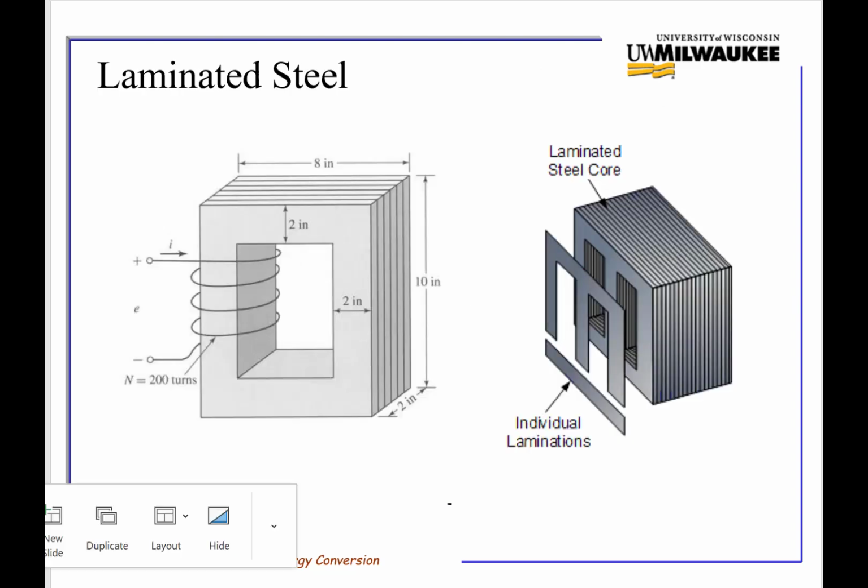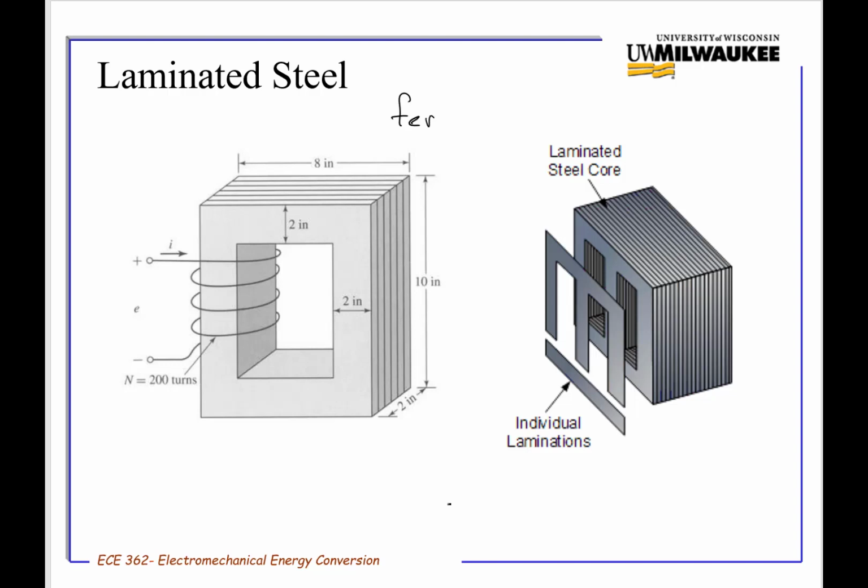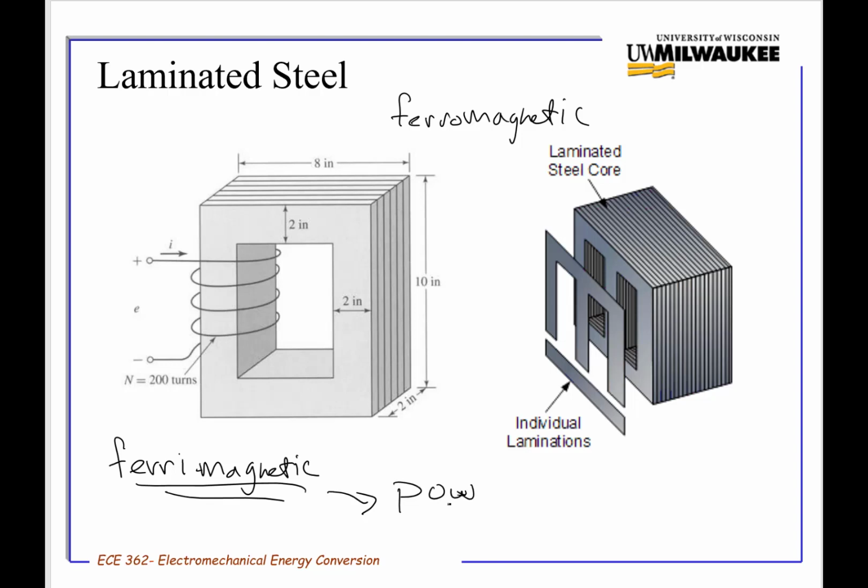And this is a picture of what we're talking about, the laminated steel. This is typically what you do with ferromagnetic material. Now there are also other types of core materials, but this isn't a materials class. But I want to point this out. It's referred to as powdered iron.